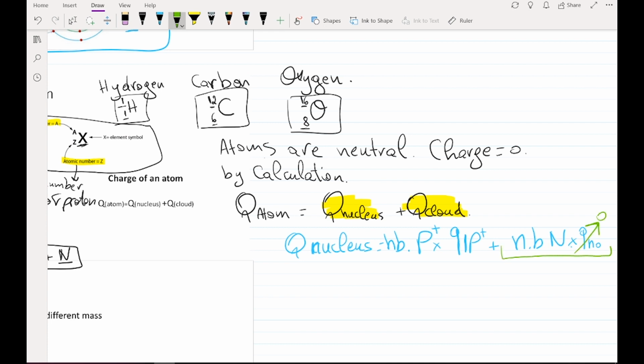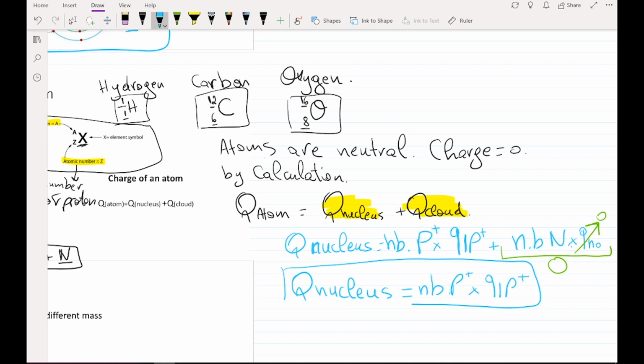So any number multiplied to 0 is equal to 0. صارت ال charge of nucleus depends only on number of protons. Formula of nucleus.